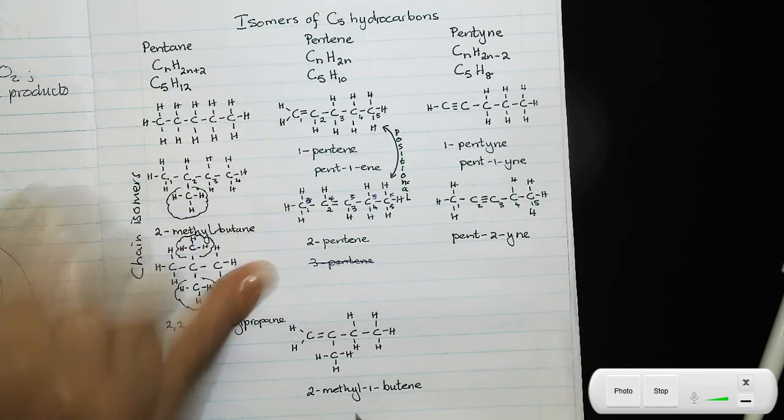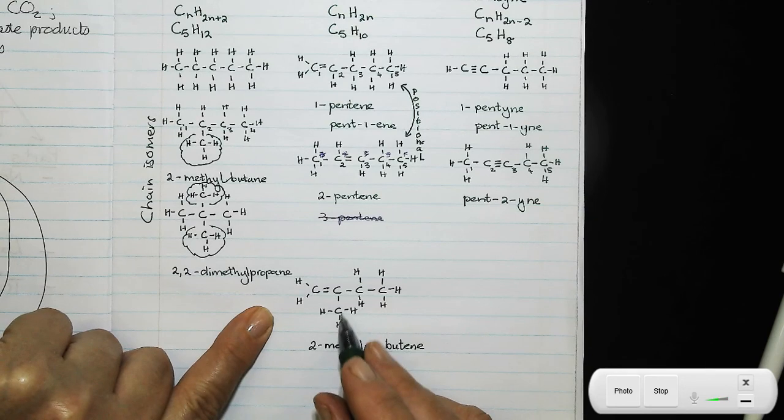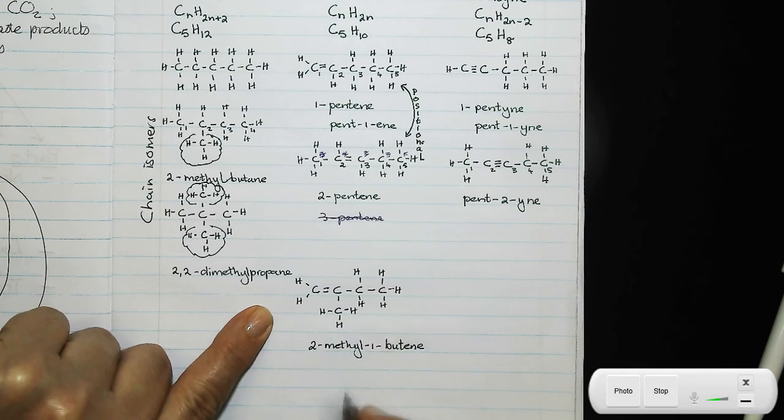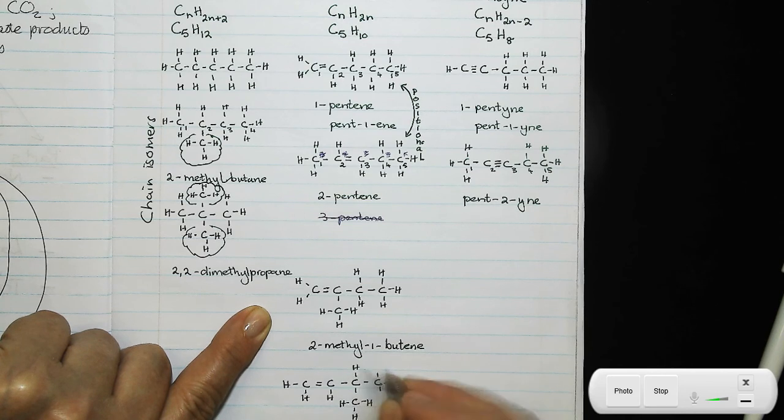If we move the methyl group to the 3rd carbon, this would be 3-methyl-1-butene.